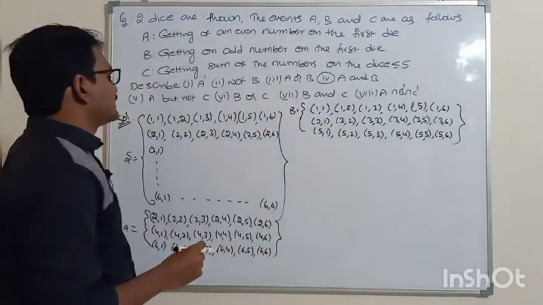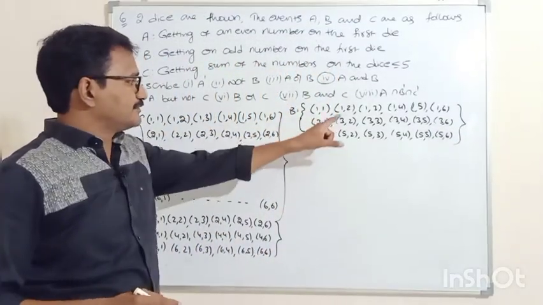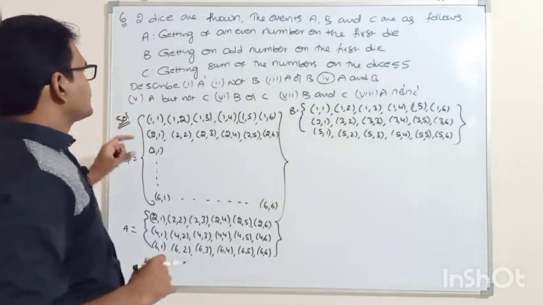So this is set B. See, 1, 3, 5, the first die shows an odd number.